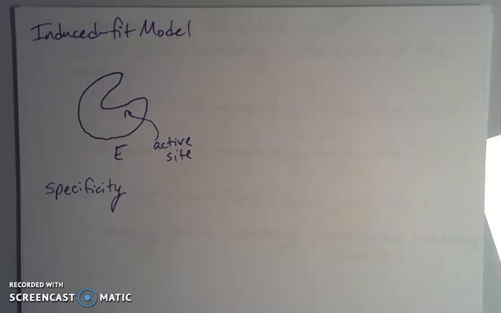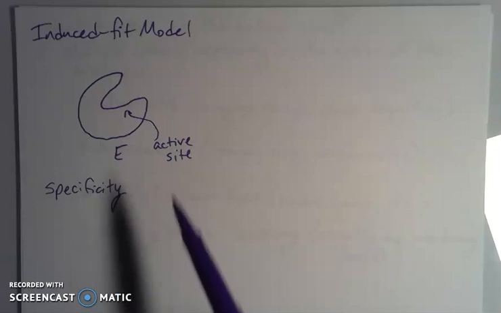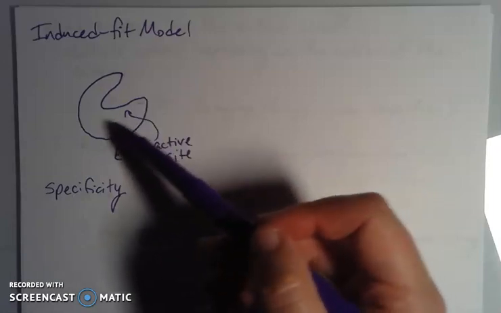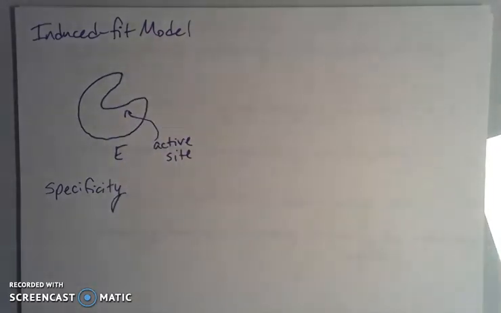So maybe it only works on alanine, but it doesn't work on any of the other amino acids. So the specificity of different enzymes is going to influence how this process works and how specific that active site is, because that active site is really where all the magic happens. This is where there's all the stuff that's going to trap that substrate, that then it's going to do whatever chemical and physical manipulations it does, and then it'll spit it back out.